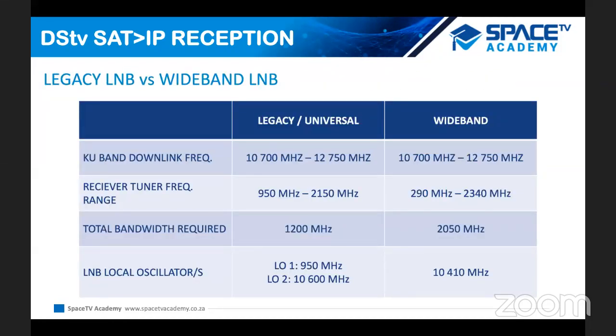If you look at a legacy LNB versus a wideband LNB, you'll see the downlink frequency obviously stays the same, because that's a standard Ku band downlink frequency, 10.7 to 12.75 gigahertz.